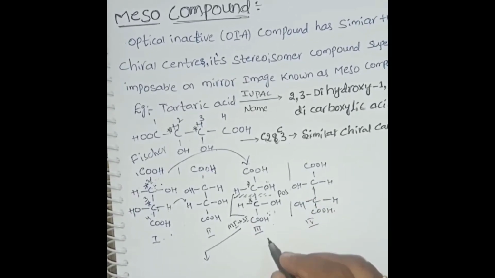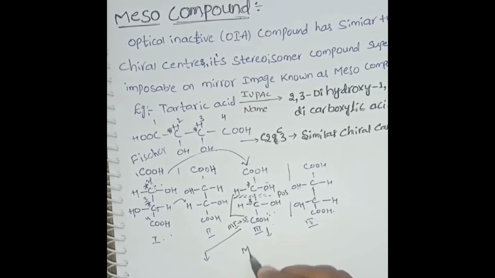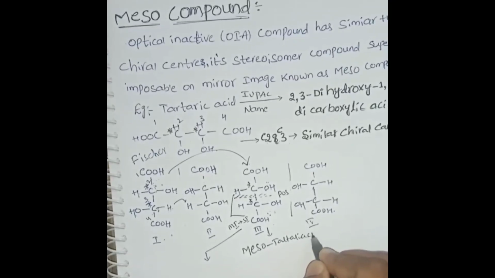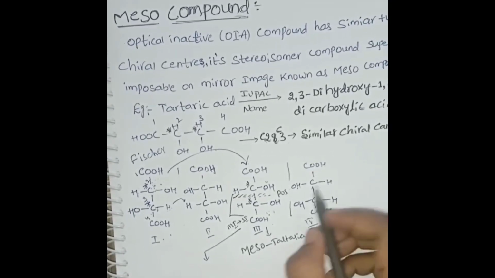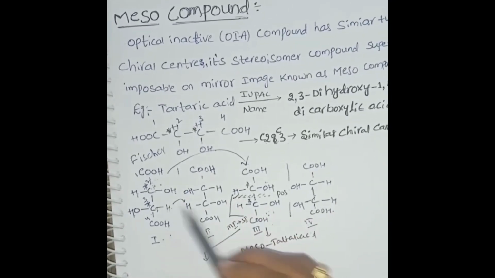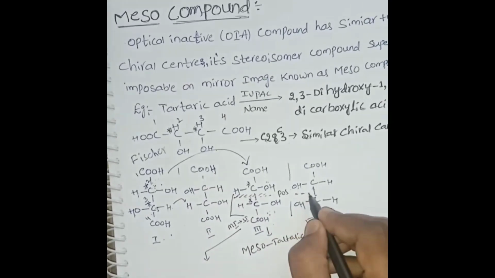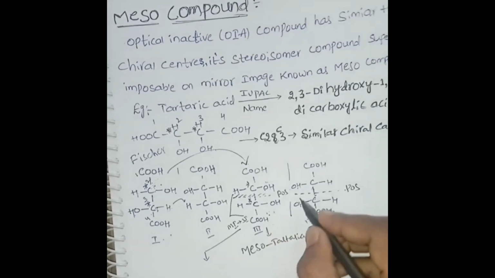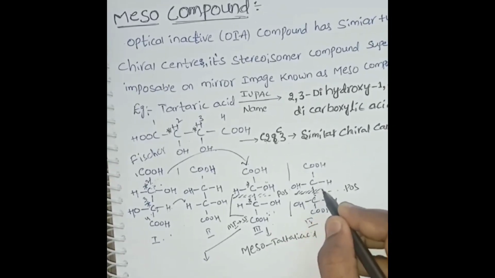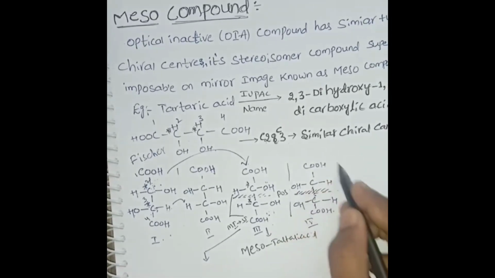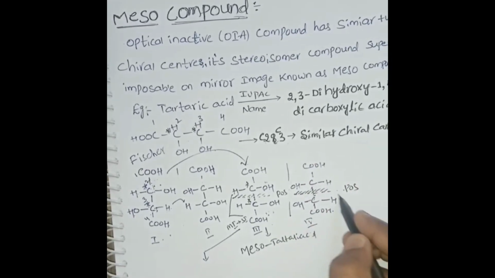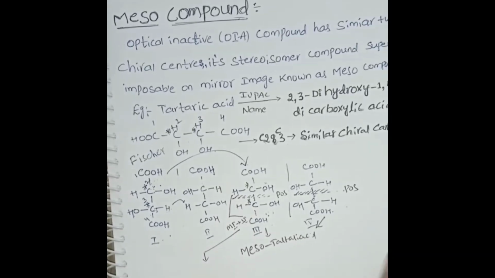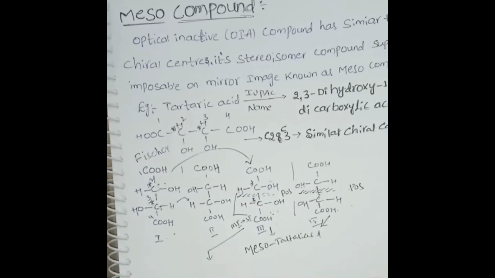Similarly, the fourth form is also a stereoisomer of tartaric acid. When I draw a plane of symmetry, an imaginary line in this plane, and place a mirror, half of this part is exactly superimposable on the mirror image. So this fourth form is also meso-tartaric acid. In Latin, meso means middle.